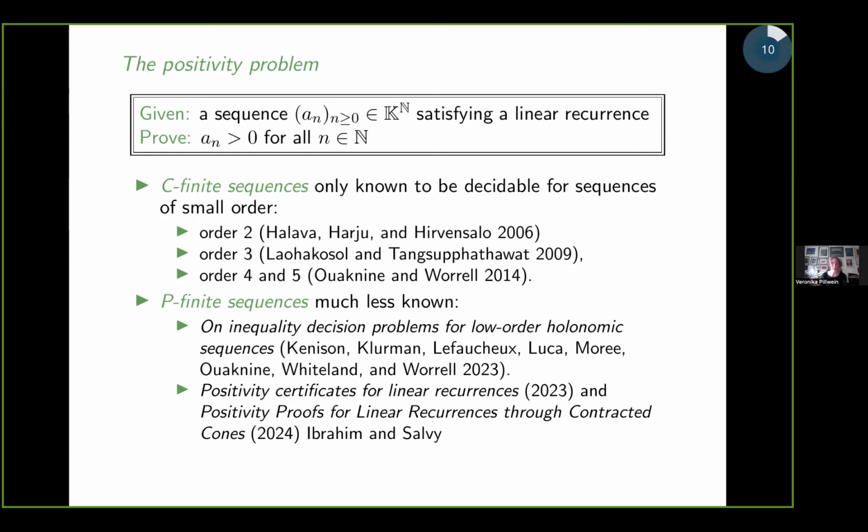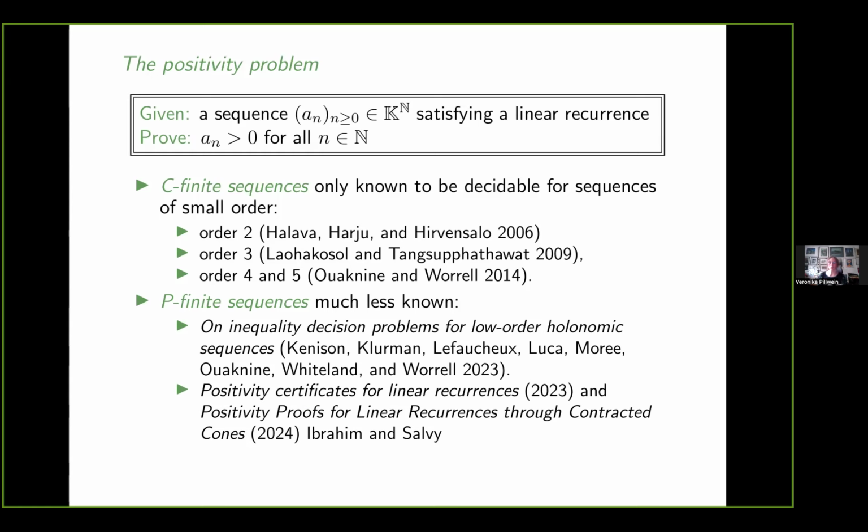Then even more recent is work by Alaa Ibrahim and Bruno Salvy. The first one is a paper from some proceedings from 2 years ago. The second one is a preprint. There's also a paper by Alaa Ibrahim that has been recently accepted at ISSAC. She will talk about this at ISSAC 2025 if you go there. So go and listen to the talk.